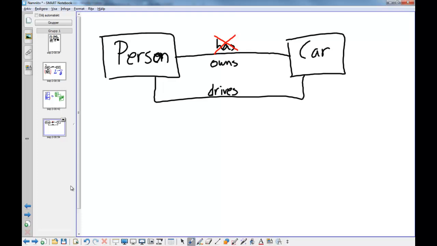And I think that a person can own multiple cars, so then we set a little star, and the car can be owned by multiple people, over time at least. And a person can drive multiple cars over time, and the car can be driven by multiple people.